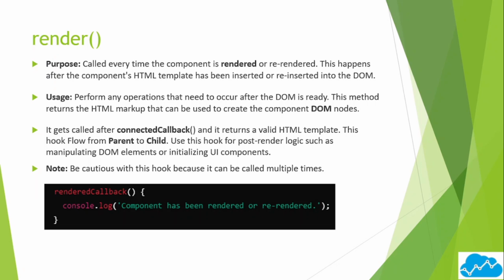Use this hook for post-render logic such as manipulating DOM elements or initializing user interface components. Note, be cautious with this lifecycle hook because it is called multiple times. In renderedCallback, in the console log we are putting component has been rendered or re-rendered. So both rendering and re-rendering we are seeing here.